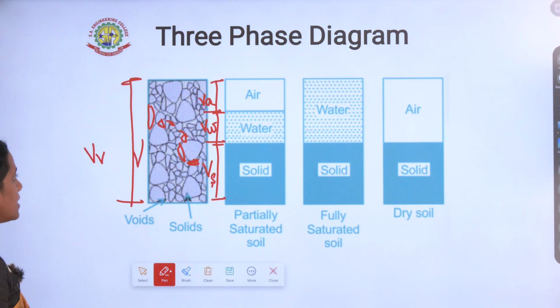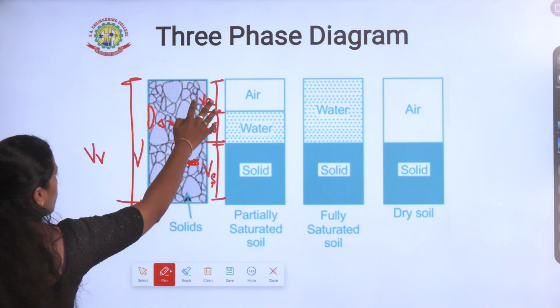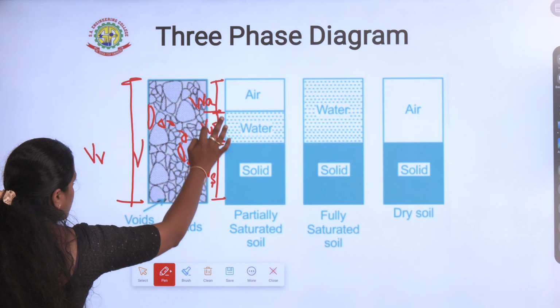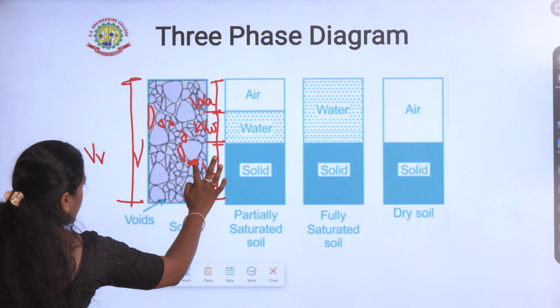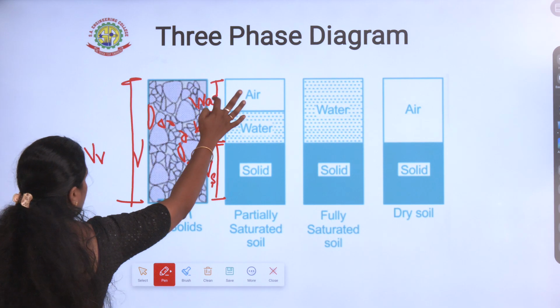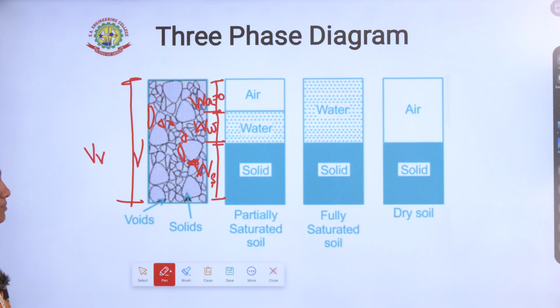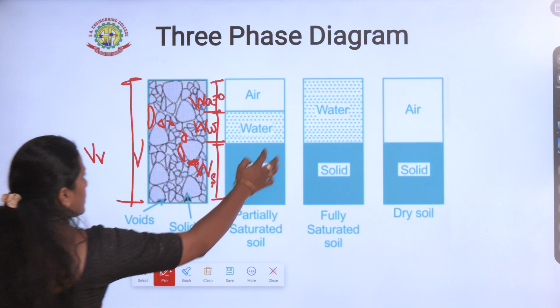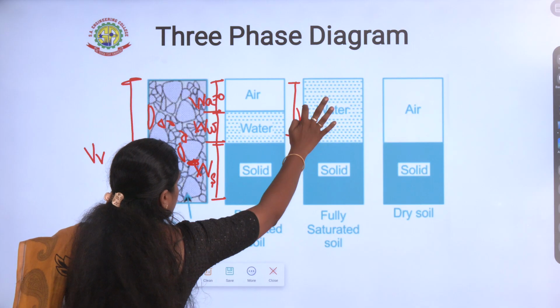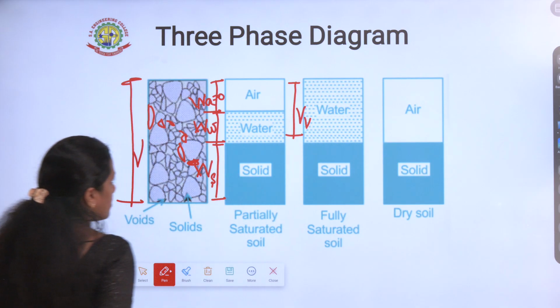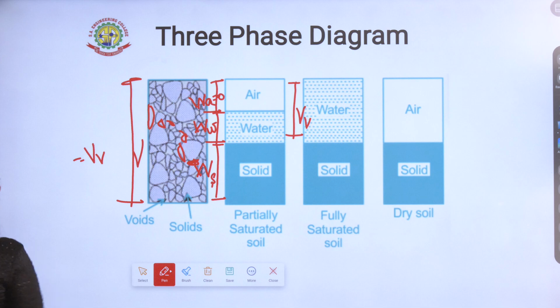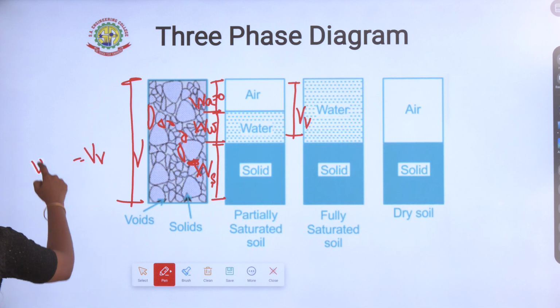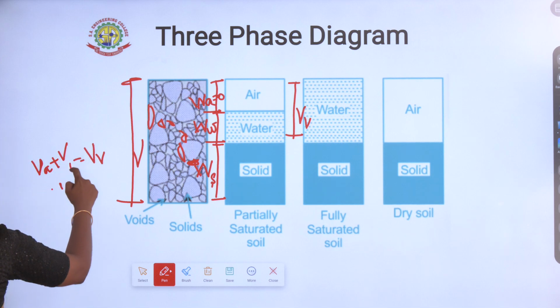Similarly, we can represent this in terms of weight: this is weight of air, this is weight of water, and this is weight of solids, whereas weight of air is equal to 0. This is the volume of voids, which is the volume of air plus the volume of water.